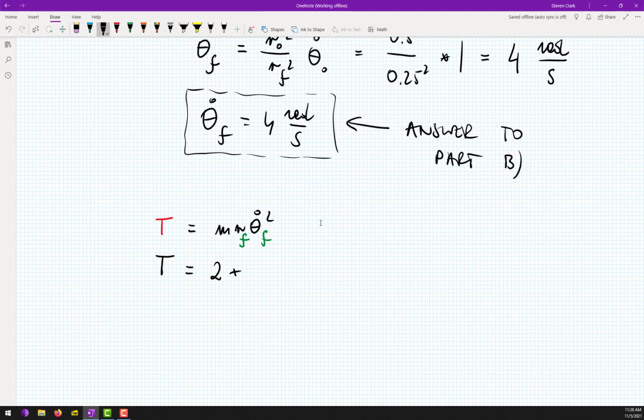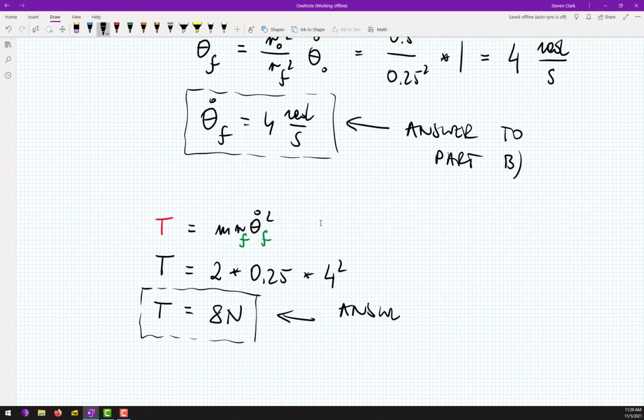But you figured that out, guys. So r final was 0.25 and theta final dot was 4, squared. Grab your calculators and obtain that T is equal to 8 newtons. This is our tension in the cable when r is 0.25 meters. Answer to part A.